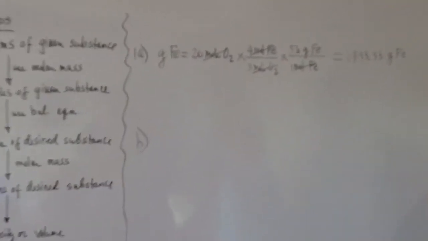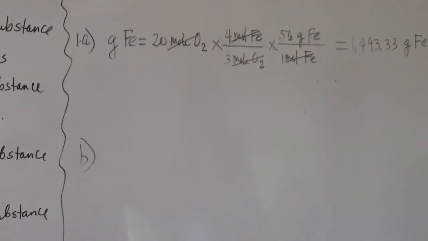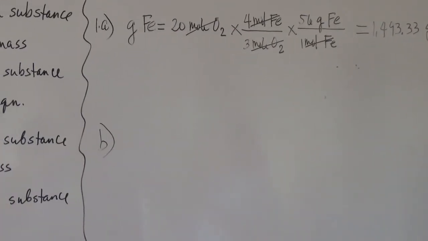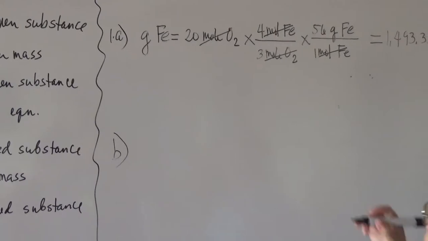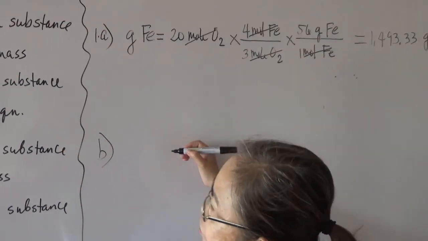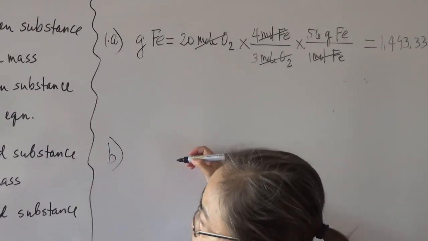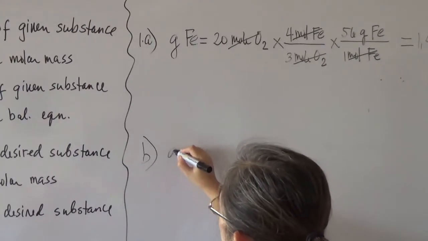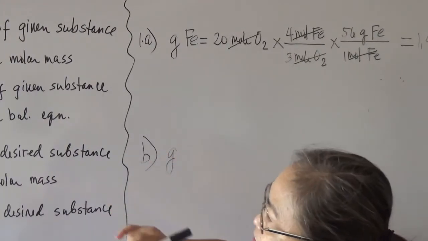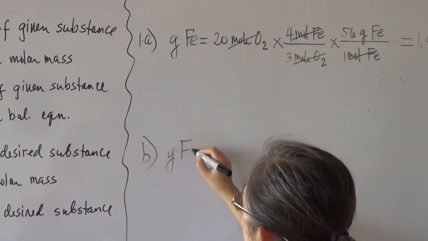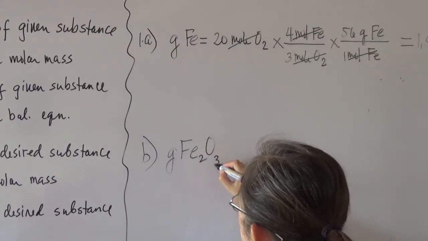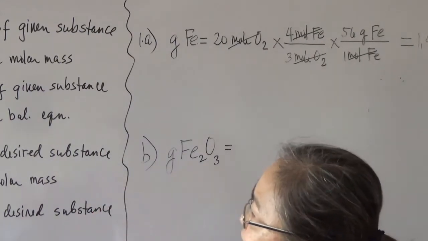You can start with that, or you can start with the original given. To be sure that there will be no discrepancy, we might as well start from what is given. So you are required here to solve for the rust. How many grams of the rust? So what is the rust here? That is the ferric oxide. So you can start from the given.